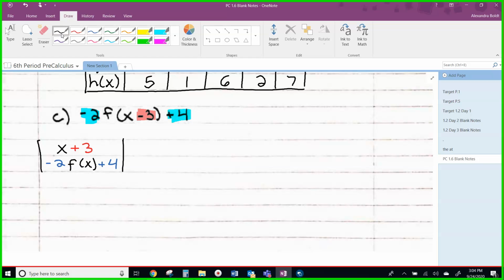So again, I'm basically going to change it in these ways. So I'm going to take my first number, which is negative 4, plus 3. And then I have negative 2. My first y value was 5. Plus 4.